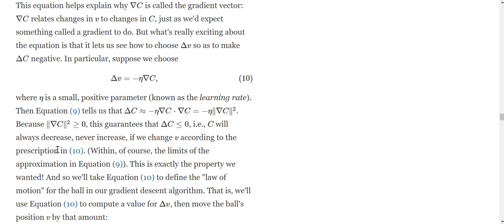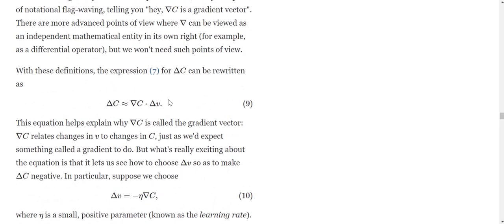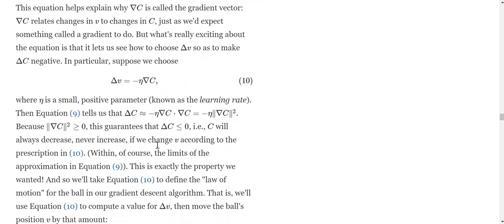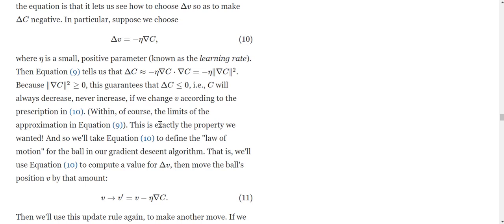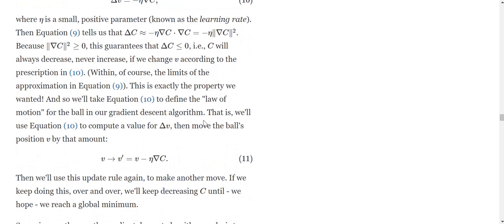So if we change V according to the prescriptions in equation 10, within of course the limit of approximations, because this equation is an approximation, you cannot take very large values. This is the property we are looking for, the law for the motion of the ball, and how we'll explain in a bit.